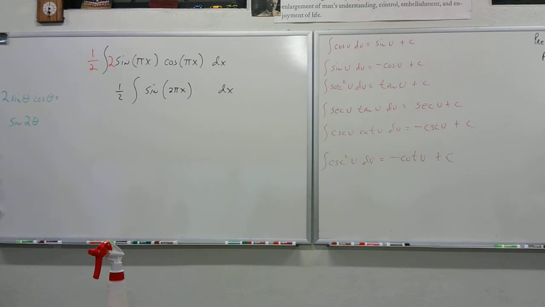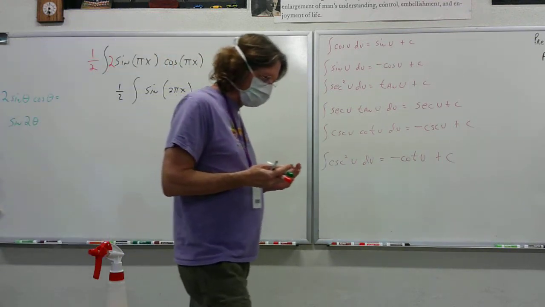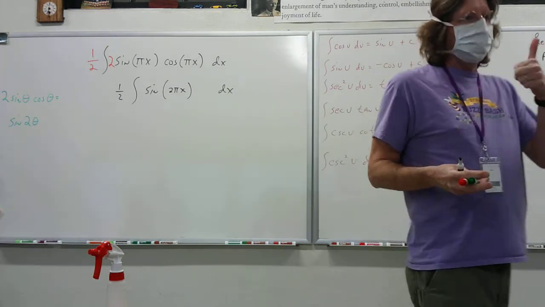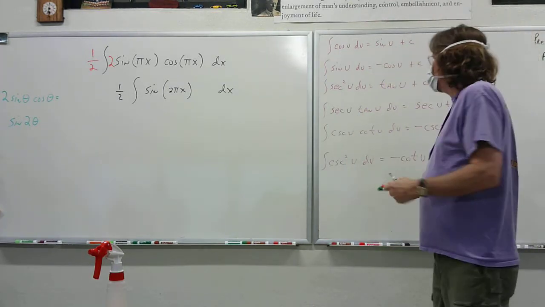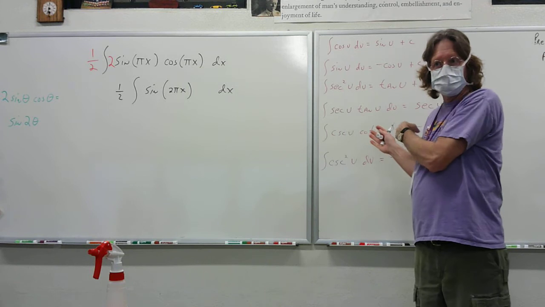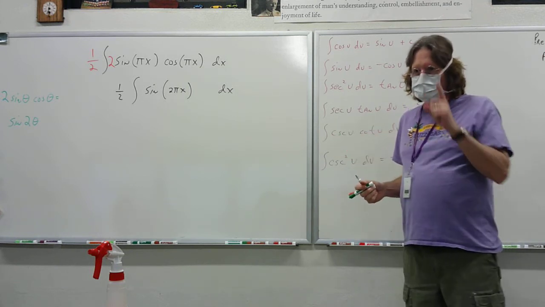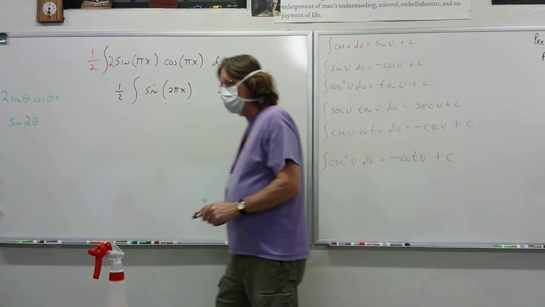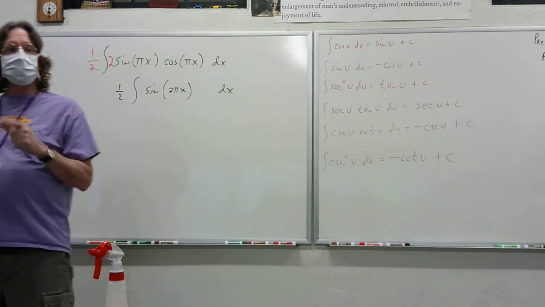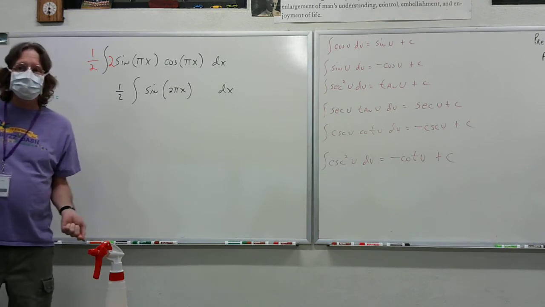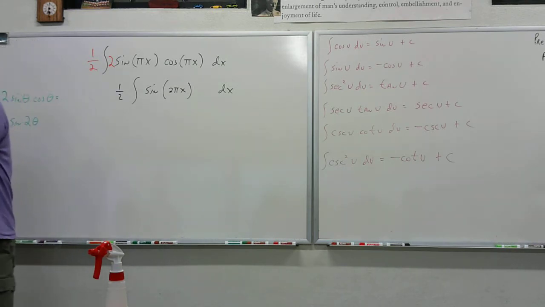So, when you're approaching trig, you might want to write this on the side of the page to get an idea of how you approach trig integrals. The first thing you do is you hope it's one of the 10 rules. You always look to see if it's one of the 10 rules first. Then, if it's not, you check to see if there's an identity that will turn it into one of the 10 rules.